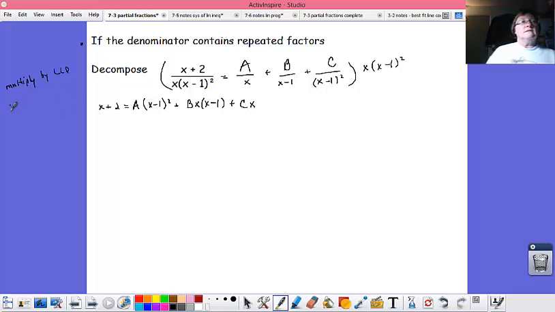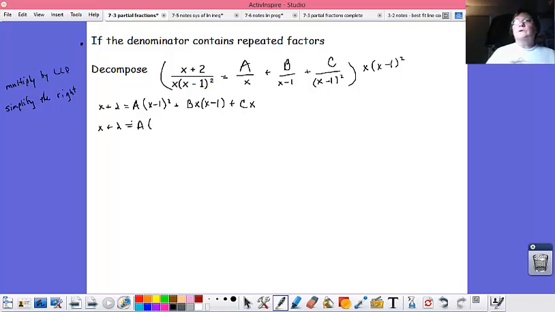The next instruction says simplify on the right. So we have to do some multiplication here. X plus 2 we leave alone. But this A is going to multiply whatever that is when you multiply it out.